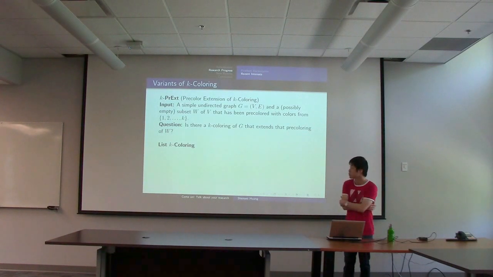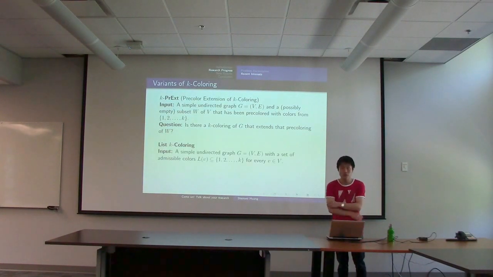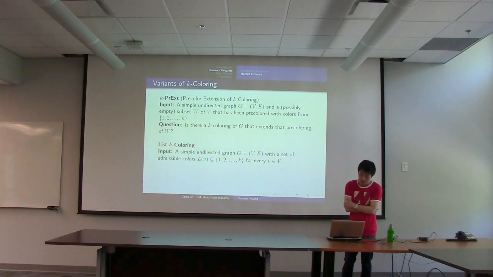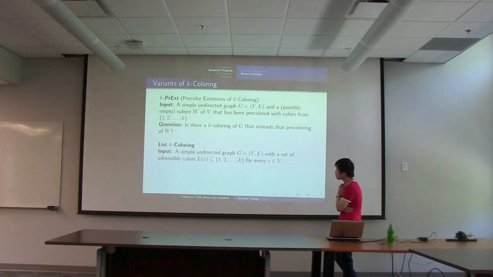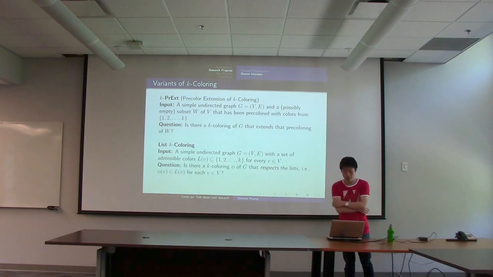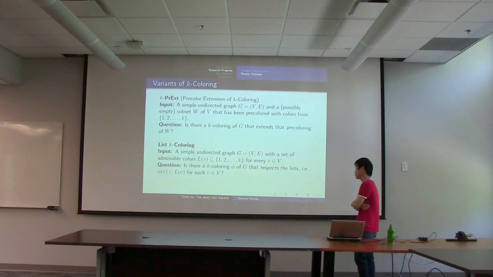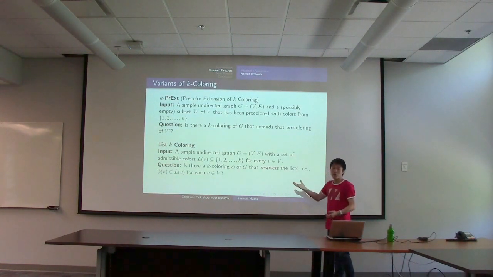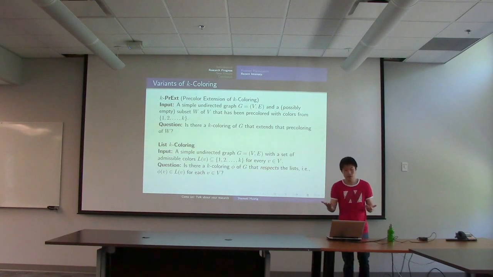And in the list version of K-coloring, you are also given a graph G, but with a set of admissible colors, L(v), for each vertex. So the question is, is there a K-coloring that respects this? Namely, can you color the graph such that the color of every vertex is from its list?